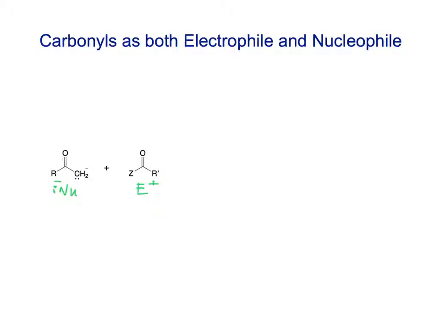Just like the reactions we did in the other chapter, the first step is the nucleophile adds to the carbonyl carbon. The electrons go up on the oxygen. And now the outcome, just like we saw before, depends upon whether the Z group is a leaving group or not. Let's say that the Z group is not a leaving group, so it's hydrogen or carbon, so we have a ketone or an aldehyde.